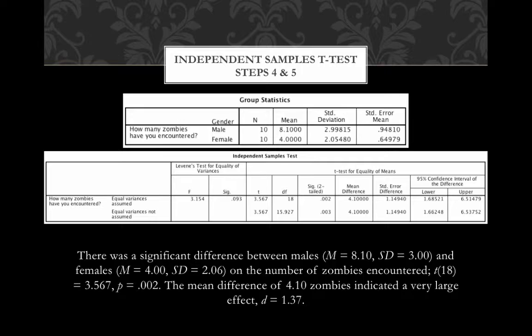We have our t statistic, 3.567, with our degrees of freedom, 18, and our p-value, 0.002. Because it's significant, we follow up with a little bit more detail. The mean difference of 4.1 zombies indicated a very large effect. And then we state Cohen's d, which is our effect size of 1.37. And we'll talk all about this again in much more detail next week.